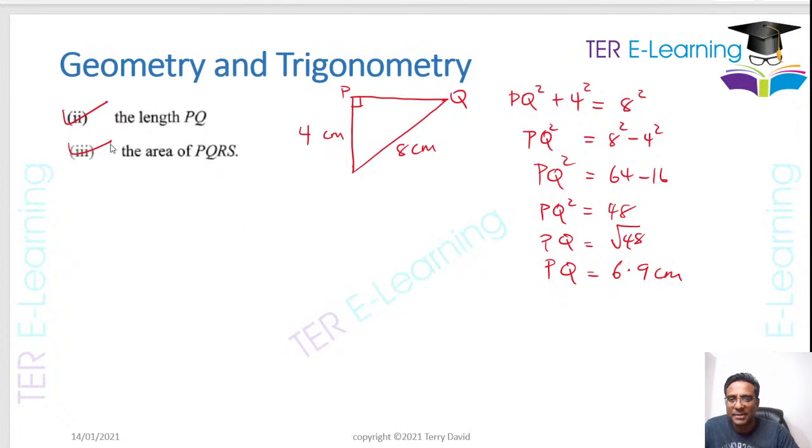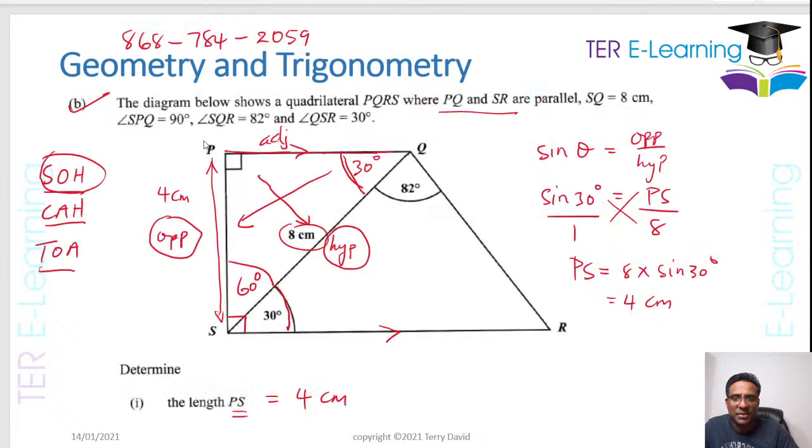And then the last part, calculate the area of PQRS. So this is PQRS, right? They want us to calculate the area of this trapezium.